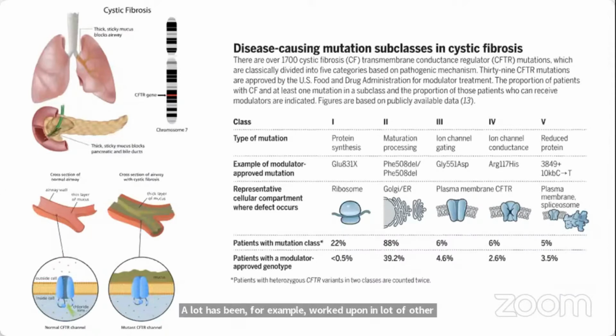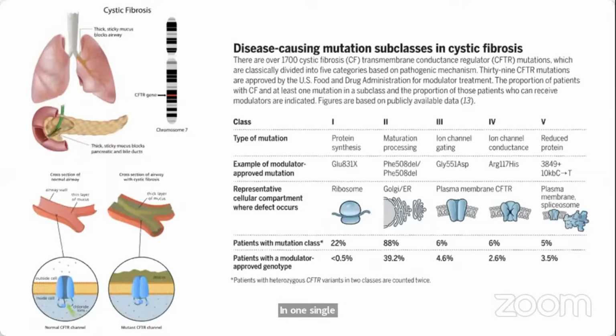One very well-known story is about cystic fibrosis, right? Cystic fibrosis, as we know, causes chronic lung infections through changes in mucus secretion. It is generally caused by mutations in one single gene, the CFTR, cystic fibrosis transmembrane conductance regulator gene.